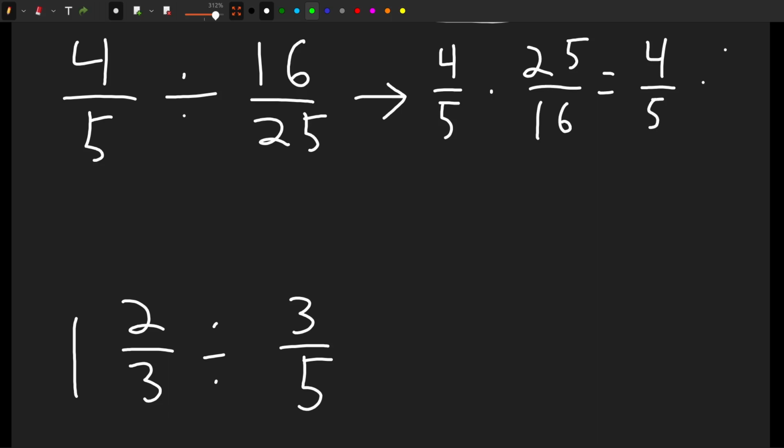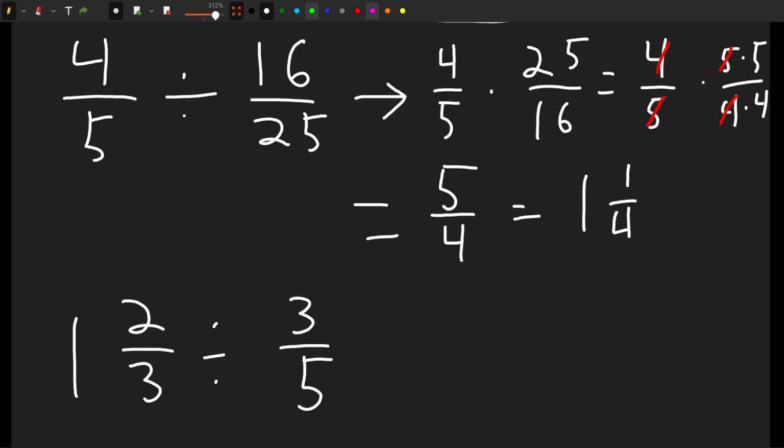The second fraction will become 5 times 5 over 4 times 4. And we can simplify quite a bit here, and I'll switch back to red. 1 5 will cancel, and 1 4 will cancel. And we will be left with 5 over 4, which can also be 1 and 1/4. Either one works.